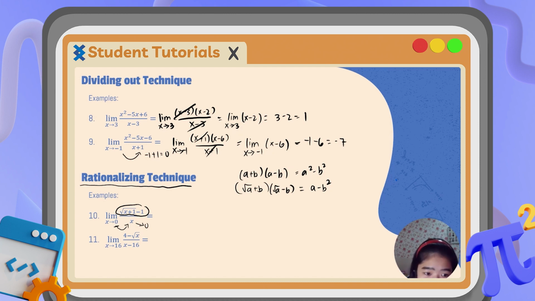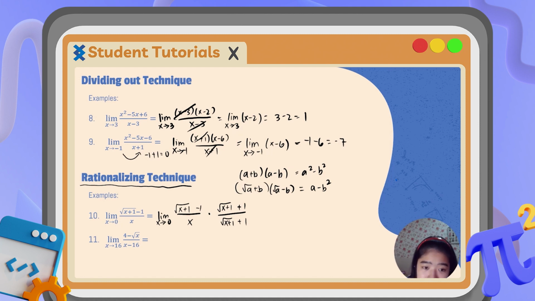Okay, so I'll just demonstrate this out. If you have this limit here, you'll multiply it with the conjugate of the part that has the square root. So you'll multiply it by the root of x plus 1 plus 1 all over the root of x plus 1 plus 1. You're doing this because these two just cancel out, right? So you're not doing anything that's invalid.